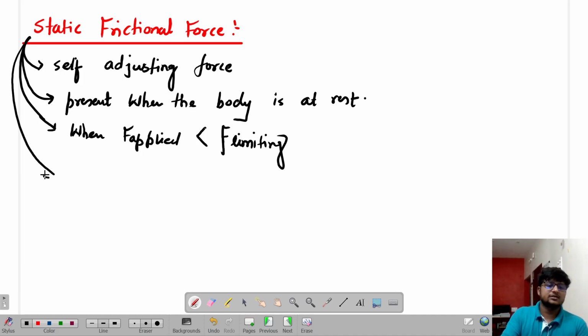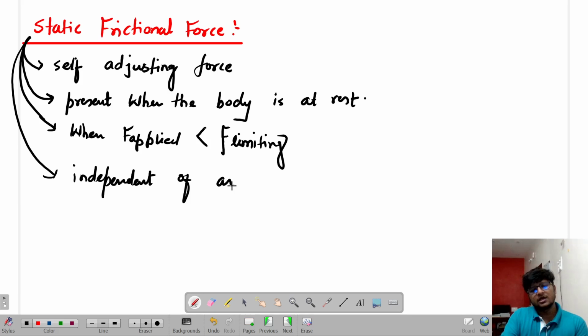Fourth idea is that this will also be independent of area of contact, and second, velocity of the bodies.